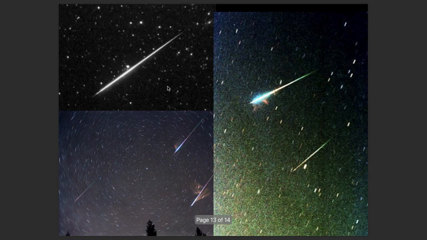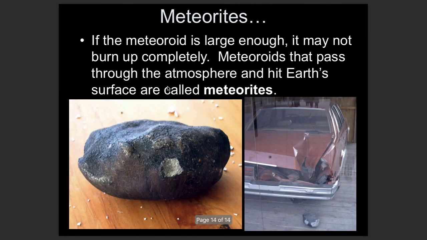And we have one other thing then. Sometimes you might have a lot of them come in, and you get what is known as a meteor shower, right? There is one other word that you might need to know about, and that is meteorites. If the meteoroid is large enough and goes through, it might not burn completely.